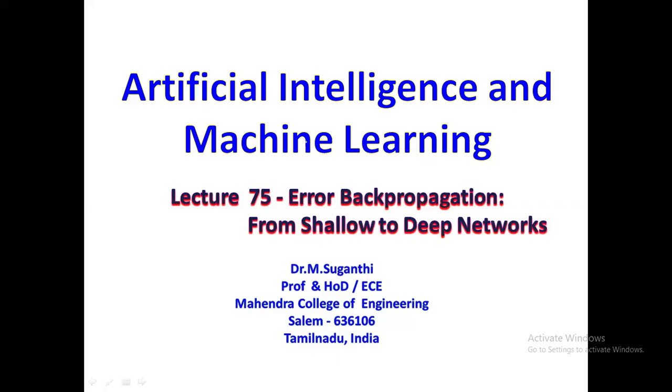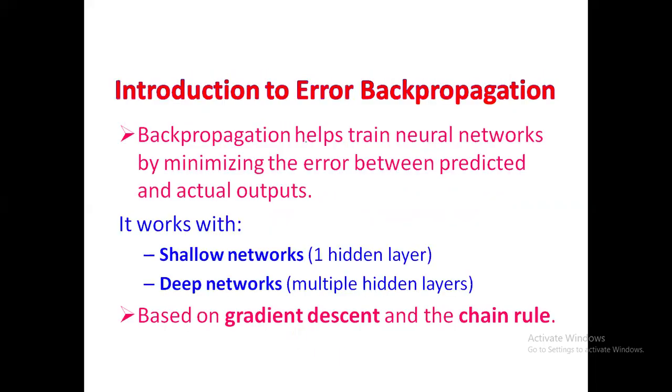First, we'll move on to the introduction to error propagation. Error propagation is a foundational algorithm for training neural networks. It works by calculating how much each weight in the network contributed to the overall error at the output and then adjusting those weights to reduce the error. In both shallow networks and deep networks, what is a shallow network?